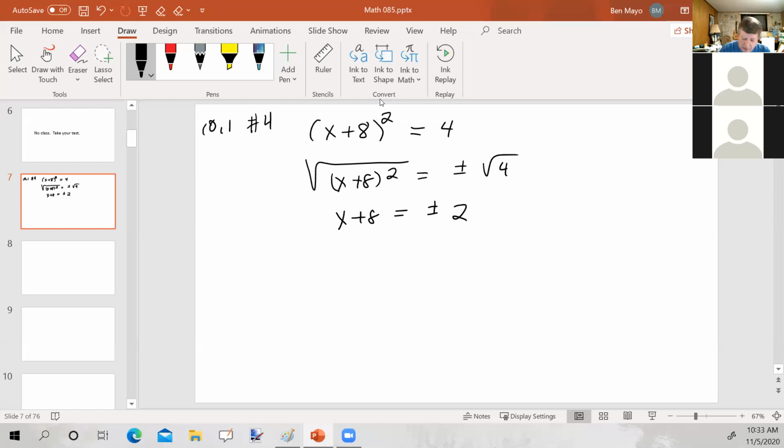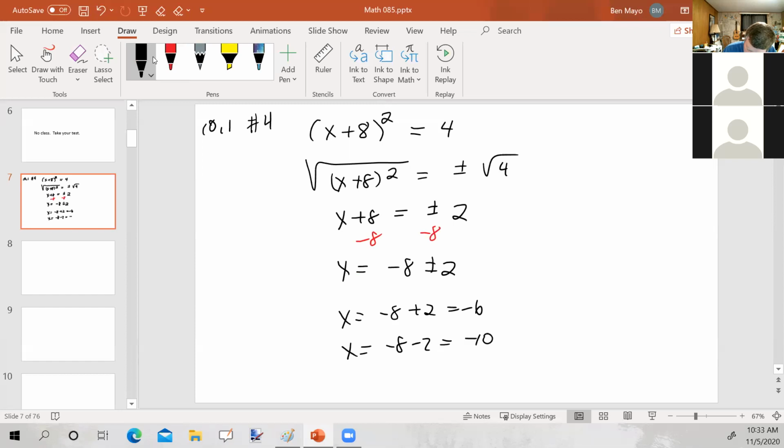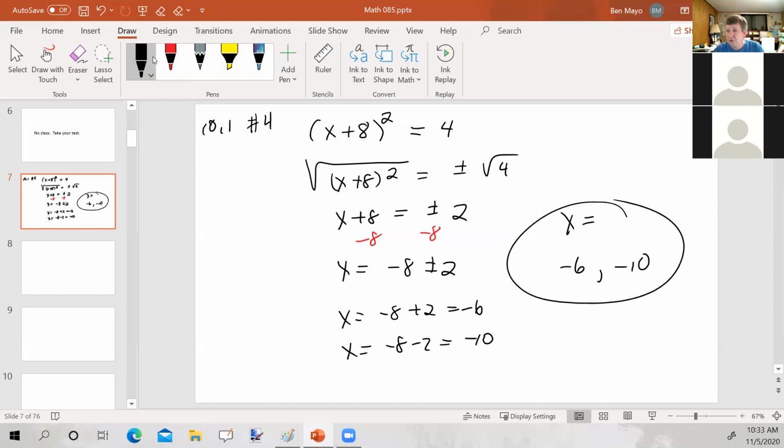Now, to isolate x, we're going to subtract 8 from both sides. So I'm going to get x equals negative 8 plus or minus 2. So x equals negative 8 plus 2, which would be negative 6. x equals negative 8 minus 2, which would be negative 10. So x equals negative 6 and negative 10. Those would be your 2 solutions.